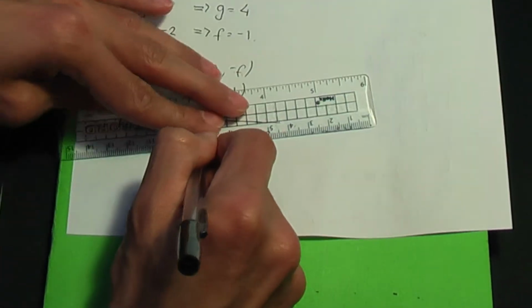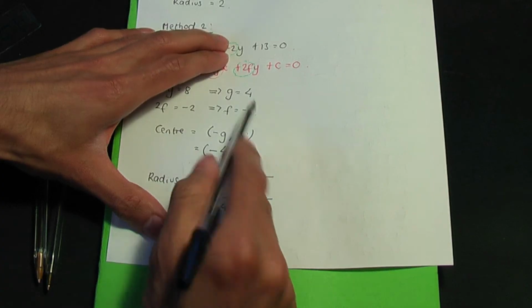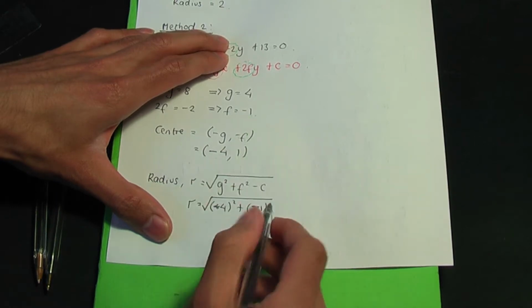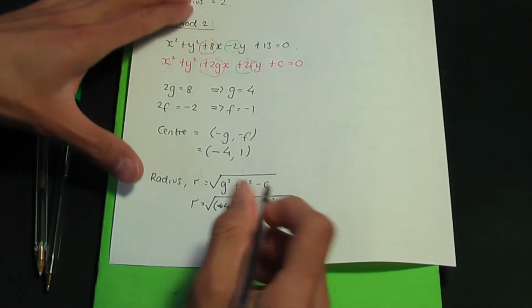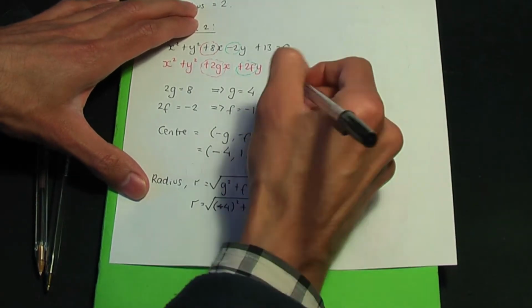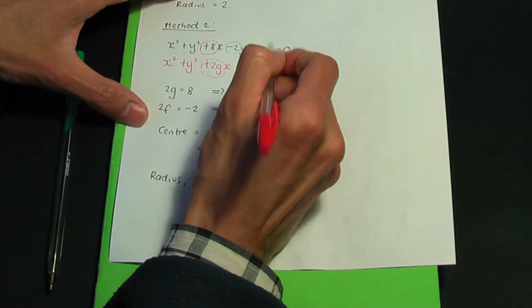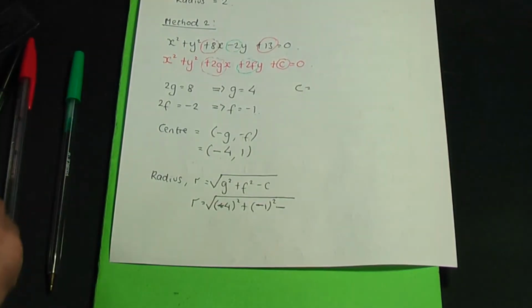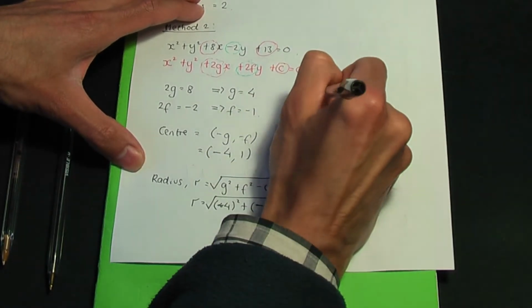In this case, it's the square root of g, which is 4, so 4², plus f is −1, so (−1)², minus the value of c. The value of c from the comparison is 13, so minus 13.